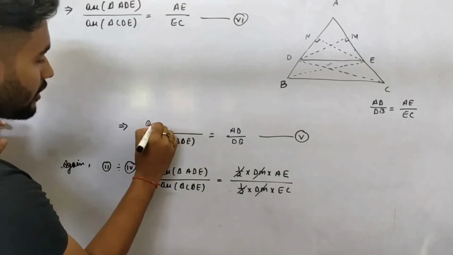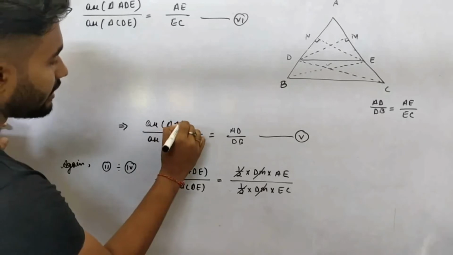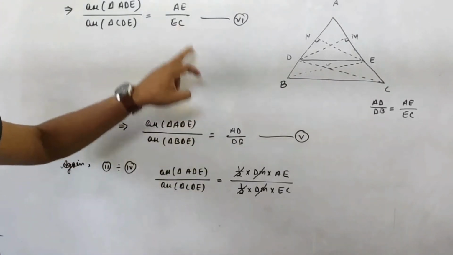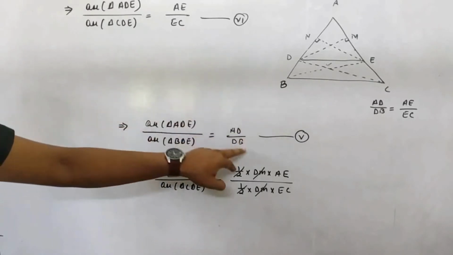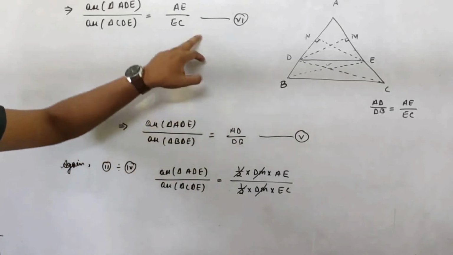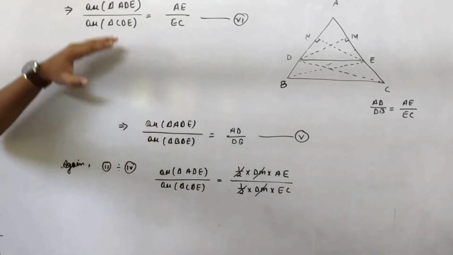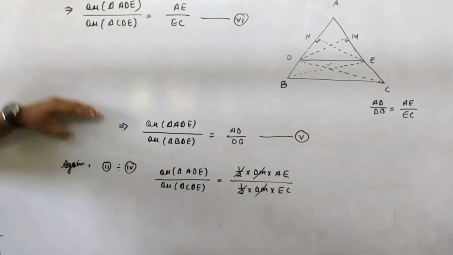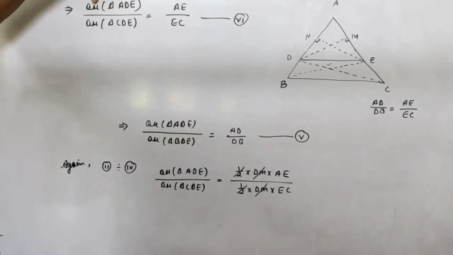Area of triangle ADE. I have to make these two parts equal. When will these two parts be equal? If the right part will be equal, when the left part will be equal. So in the left part, you see, this is area of triangle ADE.